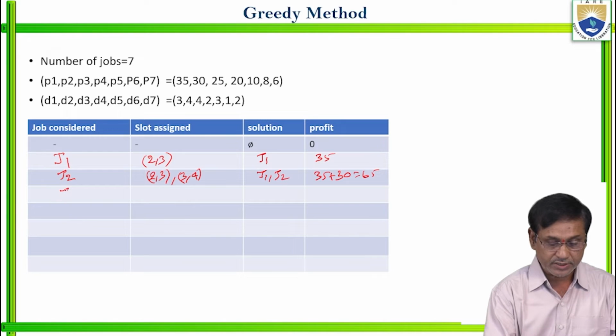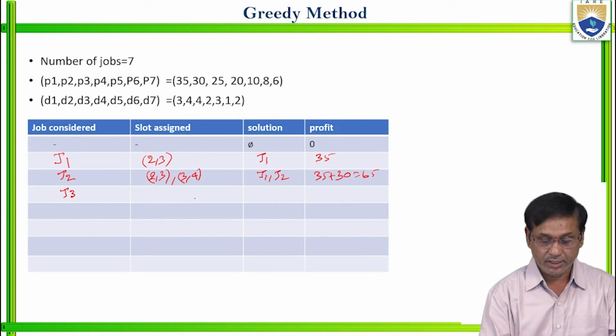So now you can consider J3, and the slot we can assign is the first slot or second slot, so that this is 1 to 2, 2 to 3 and 3 to 4.